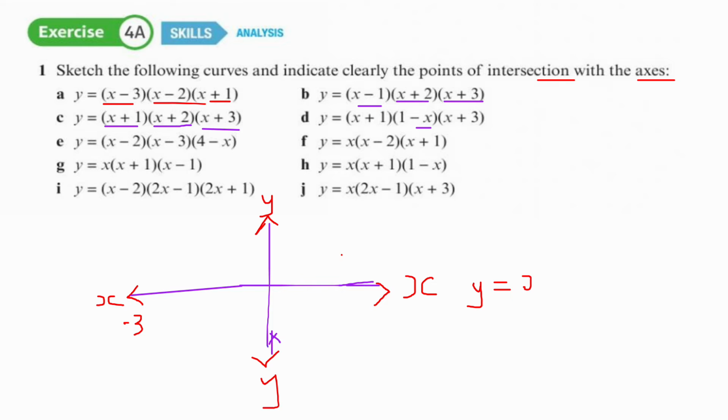For part E, again solving the equations respectively, when y equals 0, I get x equals 2, 3, and 4. This time again it's a negative cubic, so we'll start here, and then the y value will be +24.